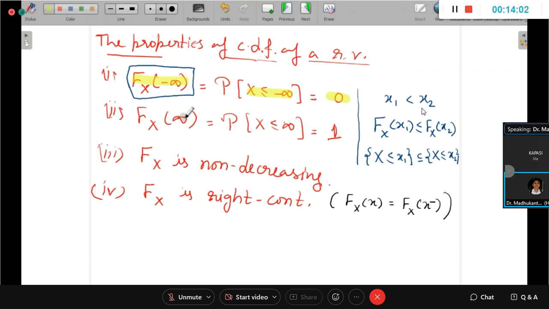Now F_X at infinity, the right-hand point. It is the union of X less than infinity and X equals infinity, which means it will take all possible values of X. So whether you talk about the discrete or continuous case, in both cases it will lead to 1.